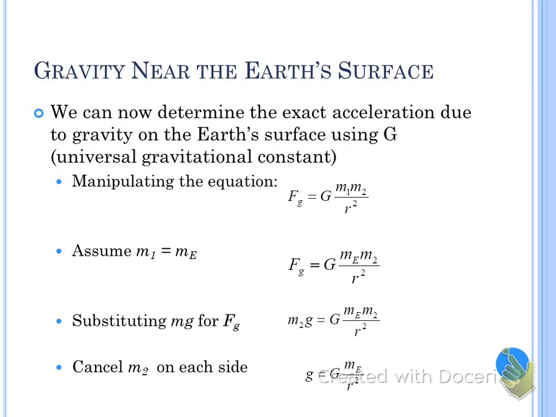Okay, so if I solve this problem with the assumption I'm on Earth's surface, g equals big G, 6.67 times 10 to the negative 11th, times the mass of the Earth, 5.98 times 10 to the 24th, over r squared.